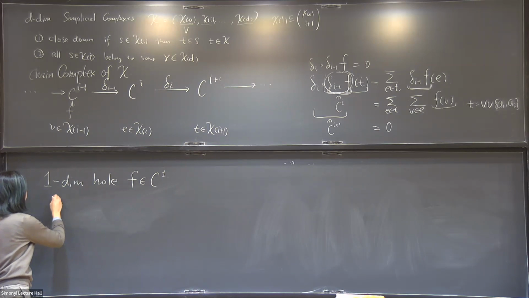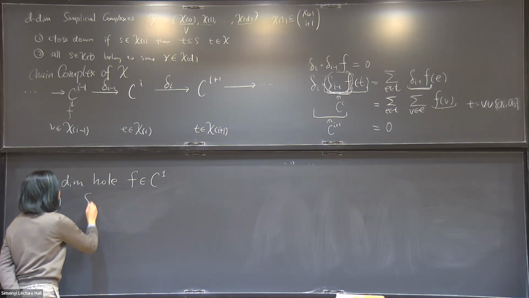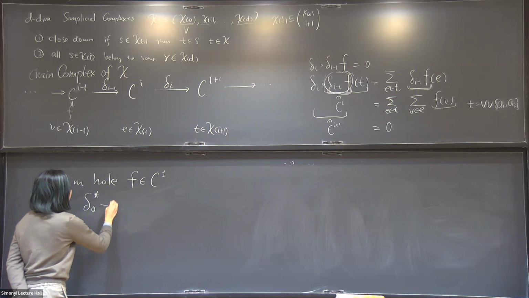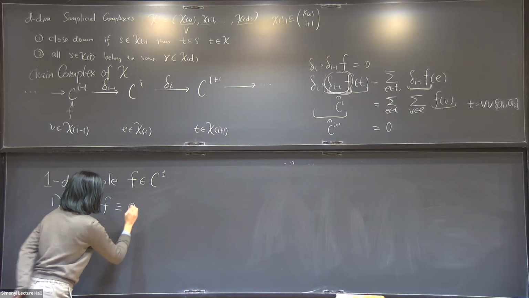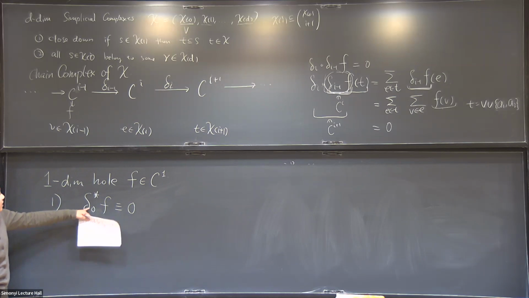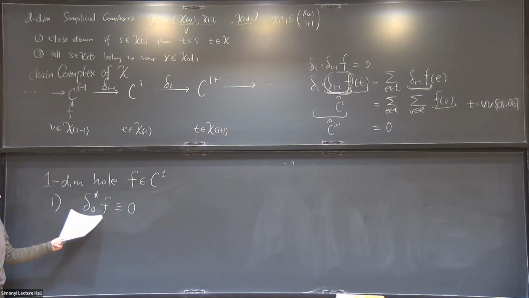So first, if delta 0 f is the all zero function. So what is delta 0? This is basically delta 0 star.